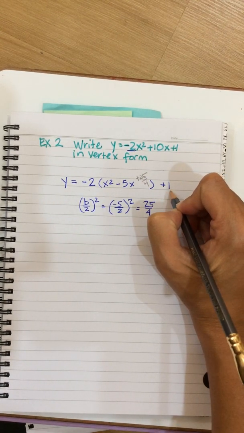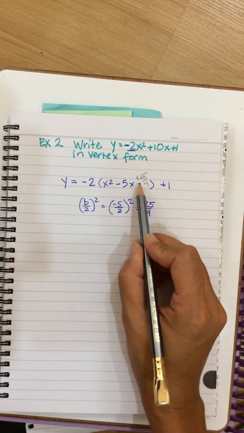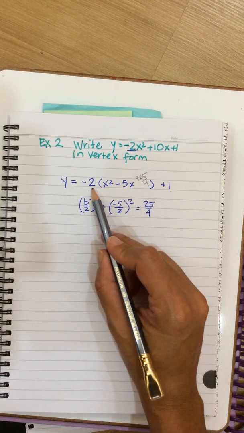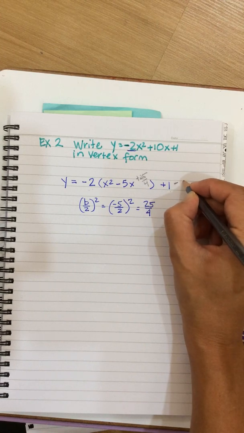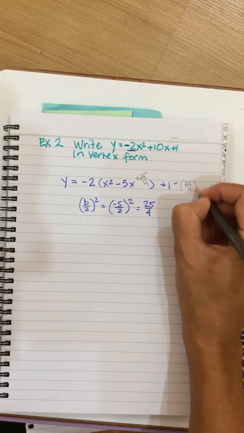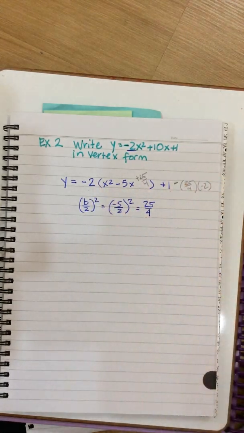But I can't just subtract 25 over 4, because then I'm not adding 0. When I'm adding 25 over 4, I'm really adding 25 over 4 times negative 2. So when I subtract, I need to subtract 25 over 4 times negative 2 as well, so that it balances out and there's 0.